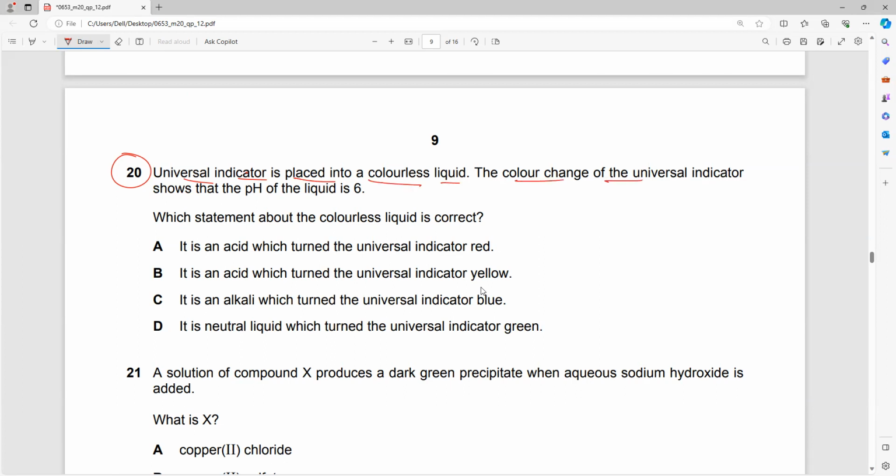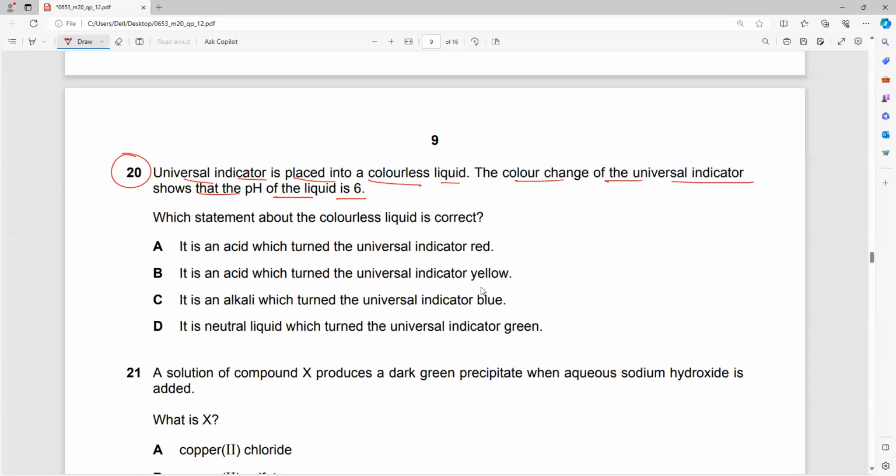The color change of the universal indicator shows that the pH of the liquid is 6. What is the color of 6? Greenish yellow? Yellow, sir. That is the one word you have to remember. The color of 6 is light yellow.